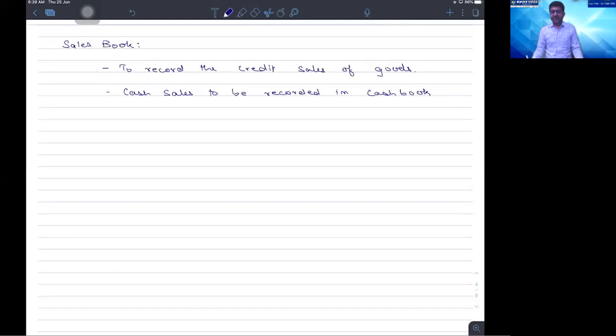The sale of assets is primarily recorded either in cash book or in journal proper, maybe dependent upon the nature of transaction. If it's a cash transaction, it will go into the cash book. If it's a credit transaction, it will go into the journal proper. So that's how you're going to prepare the sales book or the transactions related to sales book.